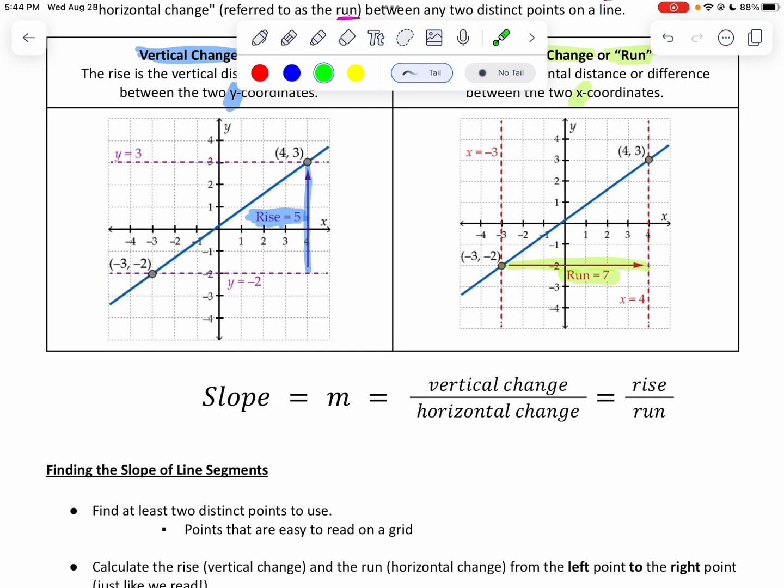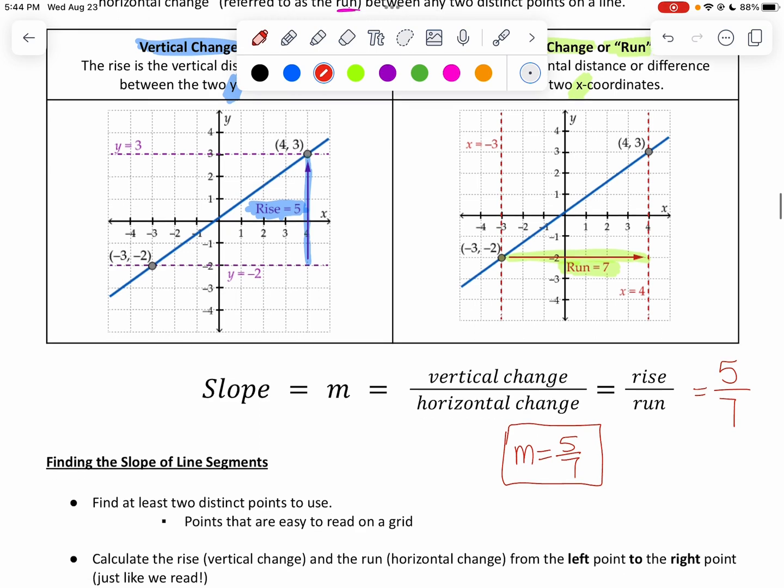For the question above, we would write this as a rise of +5 over a run of +7. So our slope in this case would be m equals 5 over 7, because that's our rise over our run.